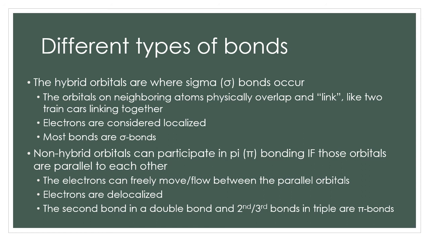Where these bonds occur are in the additional bonds for double and triple bonds. So that second bond that creates the double bond and the second and third bonds in a triple bond are considered pi bonds. Please note this means the first bond for each of these is a sigma bond. So if you consider a double bond, one of them is sigma and one of them is pi.